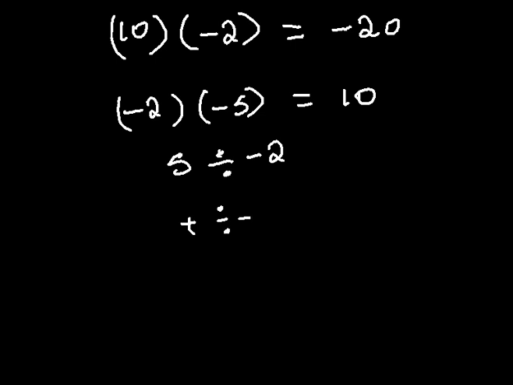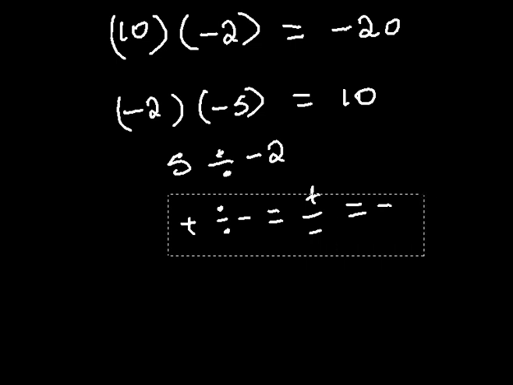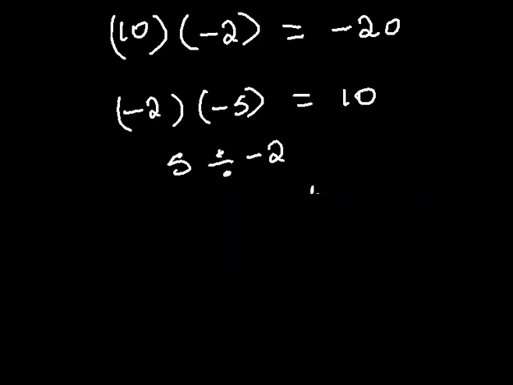Mind you, a positive divided by a negative, the overall result becomes negative. So the overall expression is given as 5 over negative 2. And it is also the same as having negative 5 over 2.